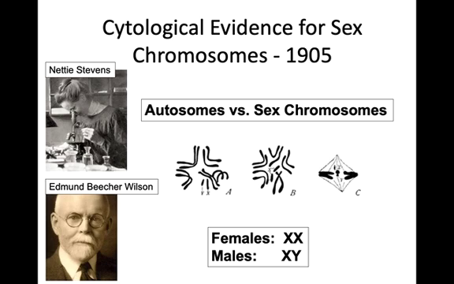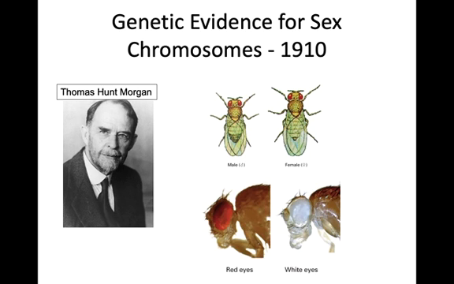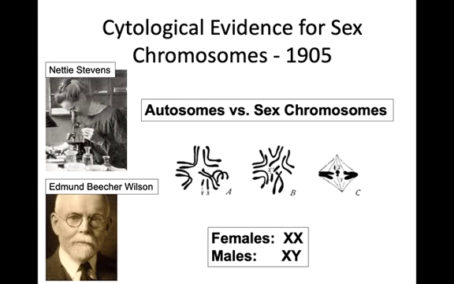Now, it's interesting to think about, when you make the observation that males have the XY combination and females have an XX combination, you might say, oh, okay, I think that the sexes are determined by the chromosomes.